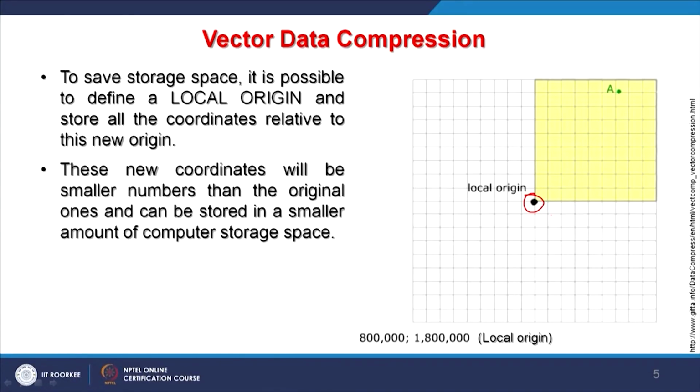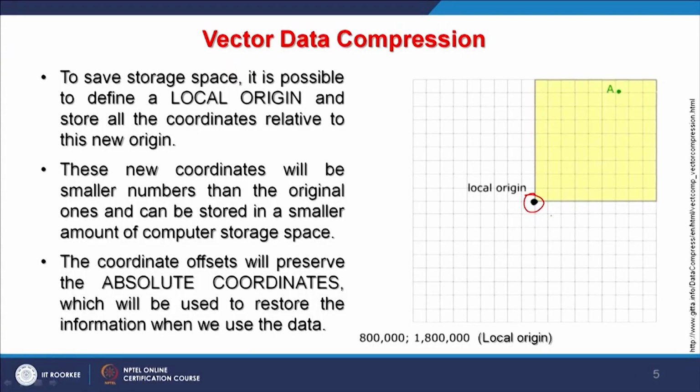These new coordinates having a local origin are smaller numbers than the original ones, because the original ones will have degrees and minutes, but here it can be worked with only seconds or minutes seconds, and of course it will require less storage space. So we are indirectly achieving a data compression, vector data compression.